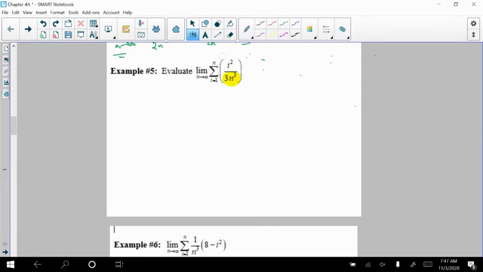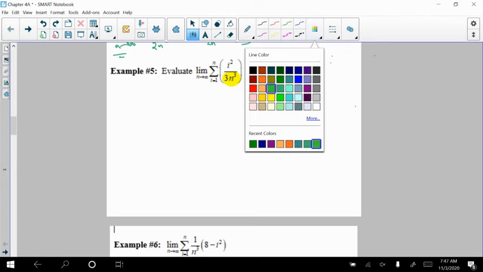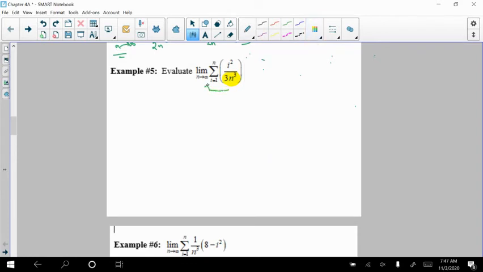I'm going to put it in the front of my sigma, not in front of the limit, just in front of the sigma. So I'm going to get the limit as n goes to infinity of 1 over 3n cubed times the summation, i equals 1 to n, of i squared. Now, i squared was one of our formulas from the top page.